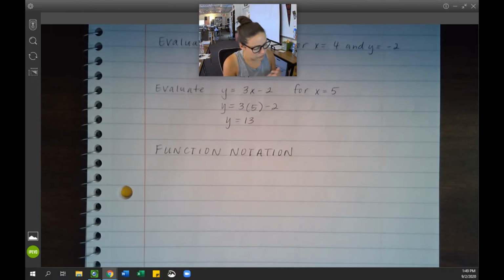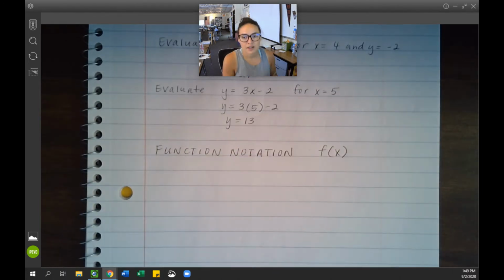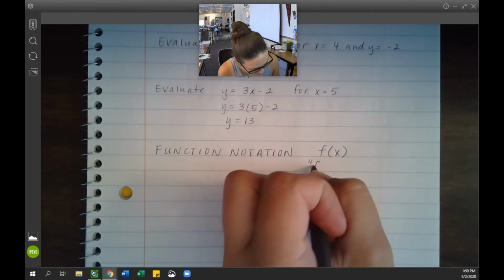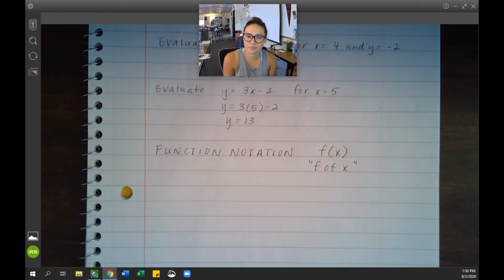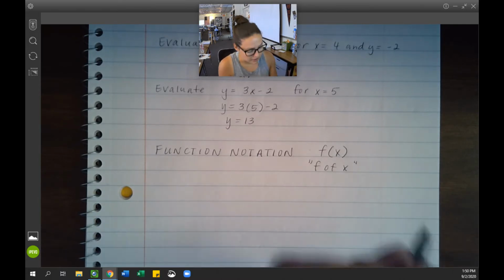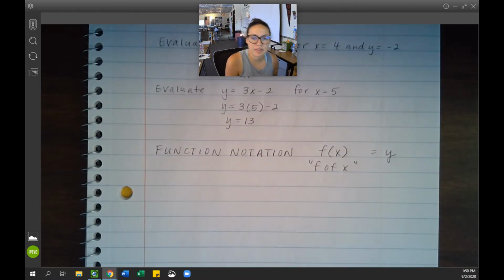Function notation looks like this. It's f and then an x right after it in parentheses. We read this as f of x. And f of x in any situation can replace y. They are the same thing.